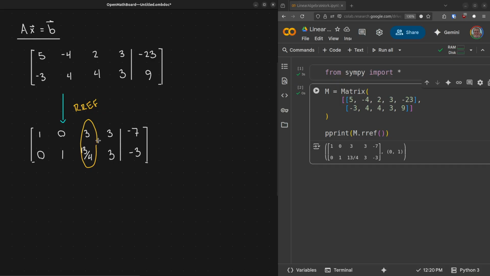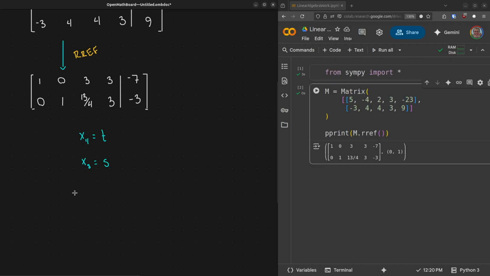Your columns without a leading term are your best choice for free variables. So I'm going to choose my last 2 variables to be my free variables. Okay. So I'm going to set x4 equal to t and x3 equal to s.